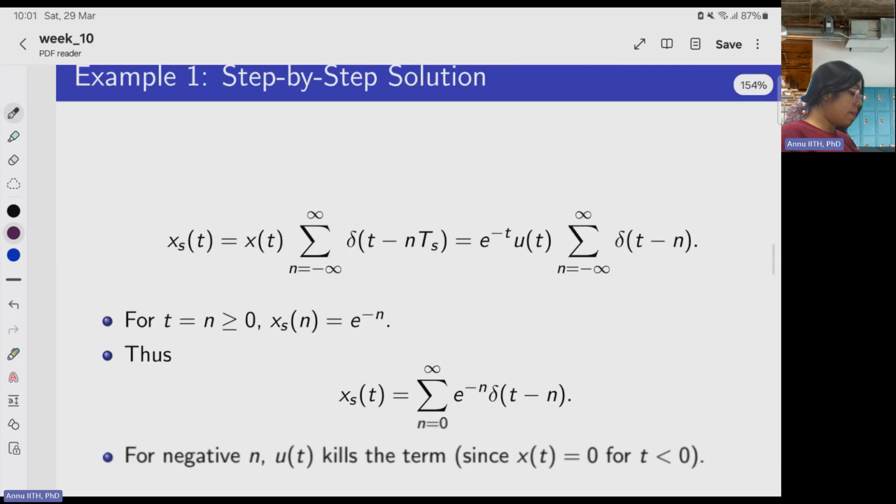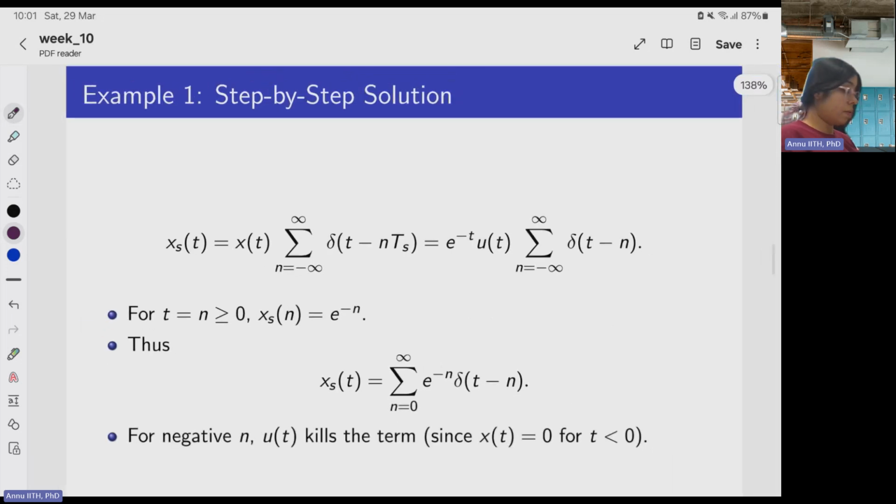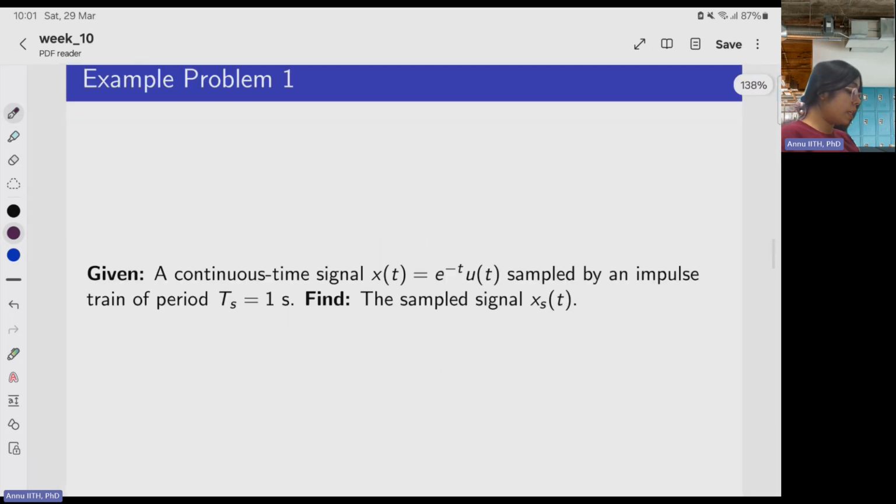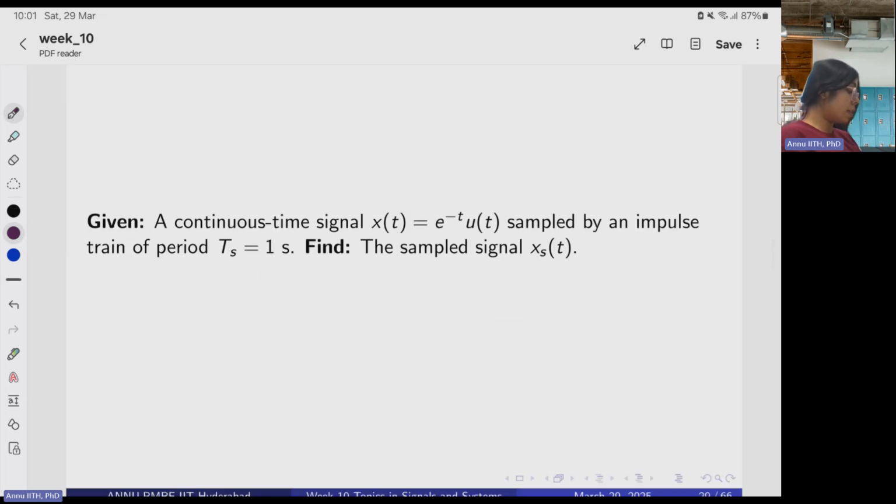Okay, so these are the step-by-step processes. For example, you had x(t) is equal to e power minus t u(t). The sampling period Ts is equal to 1 second. So you have to find the sampled signal.